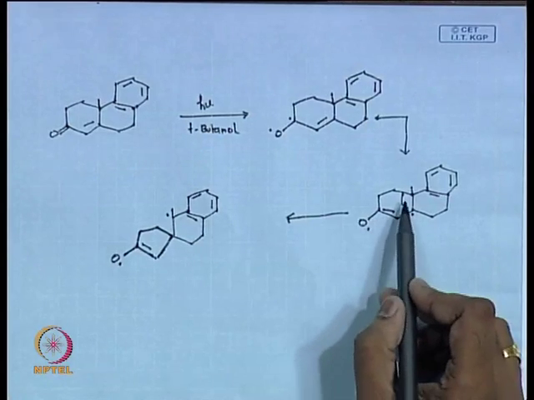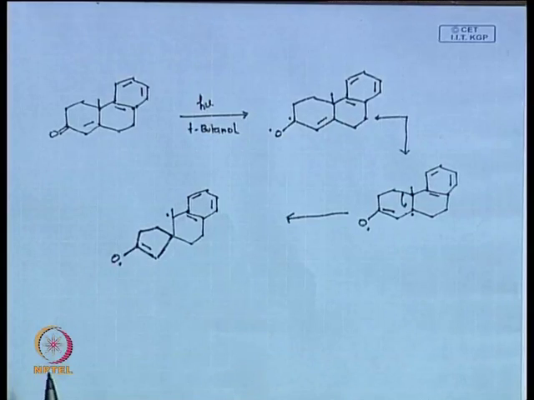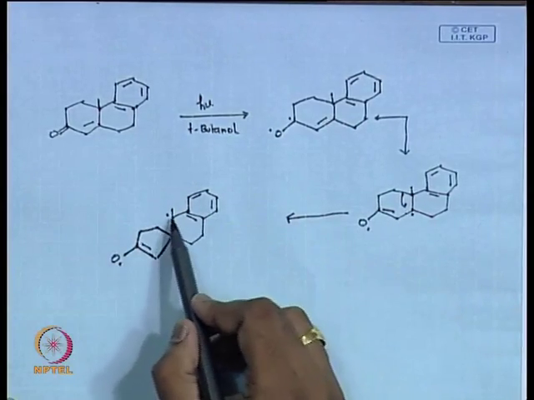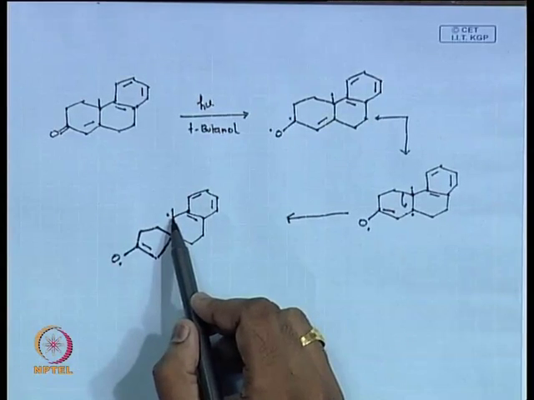Just I have moved this, and you get a nice thing. The stability can be assigned because this radical is again with a methyl, an angular methyl, so that radical is stable.